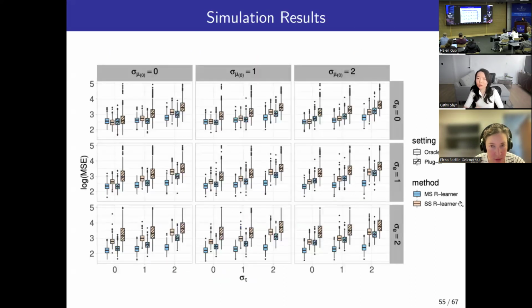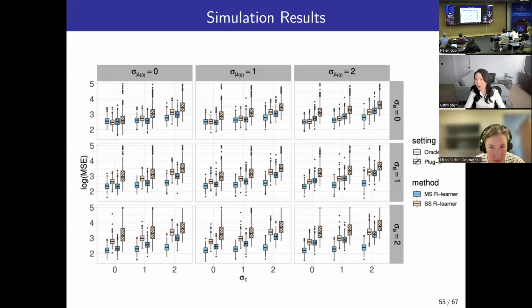Okay, so here are the simulation results. Each panel is characterized by a combination of sigma mu 0 and sigma E, and within each panel, moving from left to right, this is really turning up sigma tau. We looked at two different settings. One is the oracle setting denoted by the solid box plot.